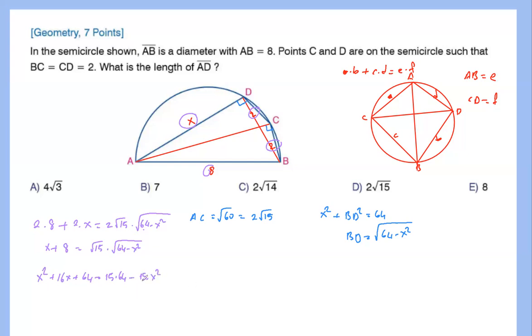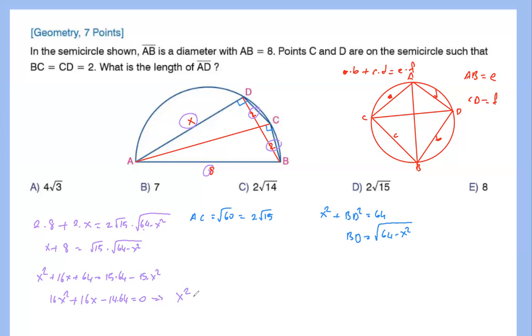If I pull everything to one side, you will get 16x squared plus 16x. And then you got 15 times 64 and 64; if I subtract, you get minus 14 times 64. You can just multiply if you want to. And I see that I can divide by 16 to make it a bit nicer.